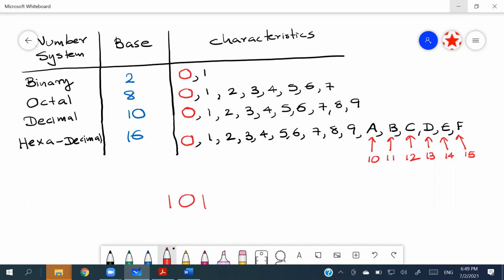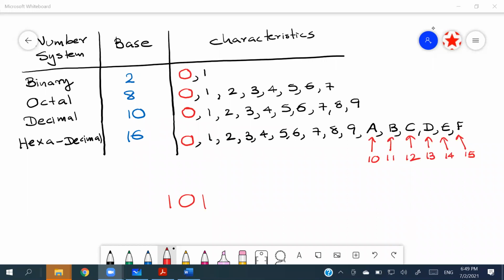All we have to do is see the different characters inside this value and cross-check whether those characters are there in this characters list. If you can find all the characters of the value inside your number system characters, then you can say this value belongs to that number system. Simple as that, right?